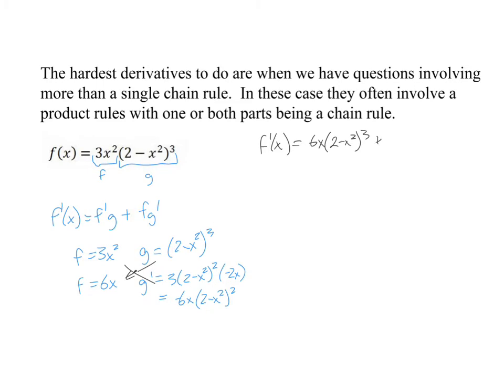So we have 3x squared times negative 6x, that gives us negative 18x cubed, times our bottom bracket, so 2 minus x squared squared. Okay, so that's not so bad. Let's just get rid of that plus, because the plus and minus together, we can just treat it as a subtraction. So if we stop there, we've got the right product rule, but we haven't simplified it far enough.